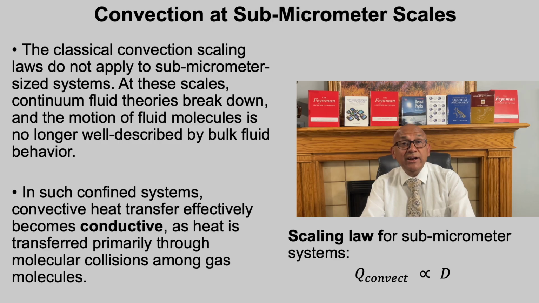Gas molecules in confined spaces collide and transfer energy in a way that resembles conduction more than convection. In other words, when we shrink down to the nanoscale, convection essentially disappears as a bulk fluid phenomenon and transitions into a molecular level conductive process.